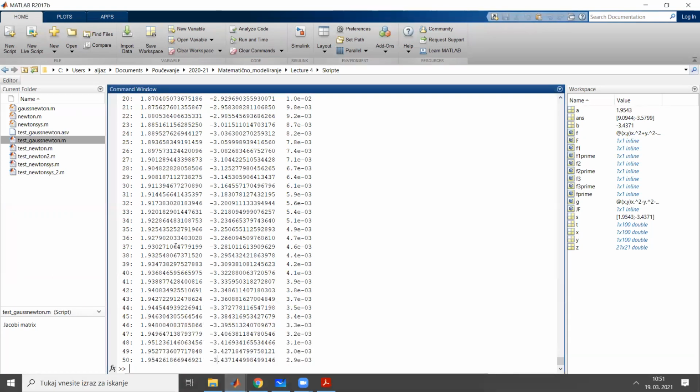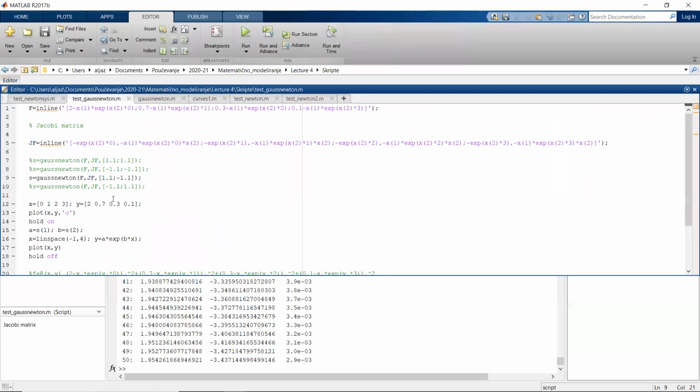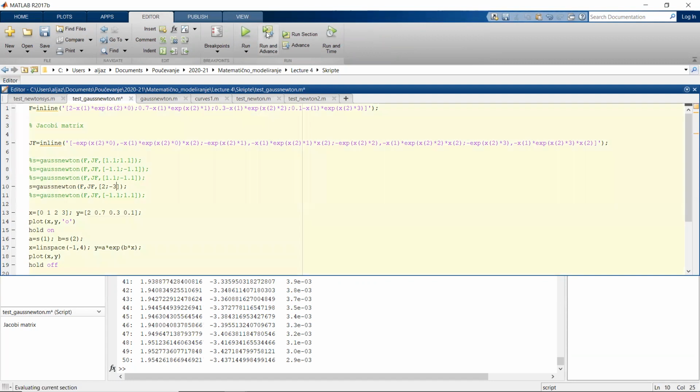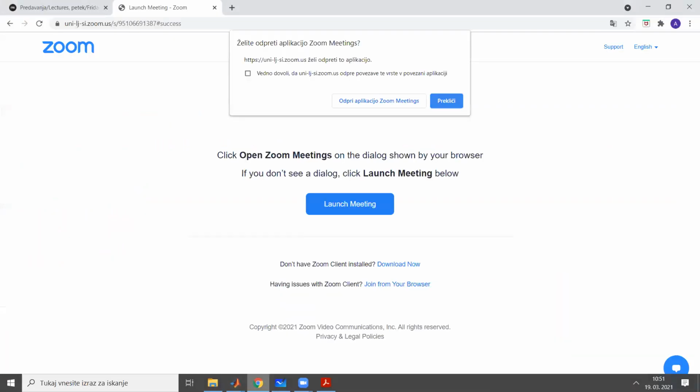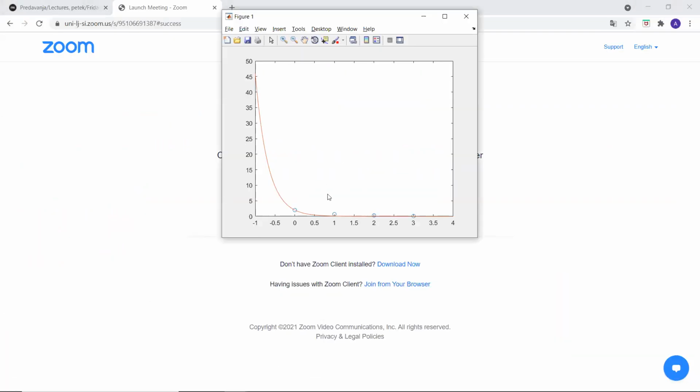Maybe we can try to run it with this as an initial approximate. So let's say that we'll run this with the initial approximate 2, minus 3. Let's see. Okay, still the approximate looks good.